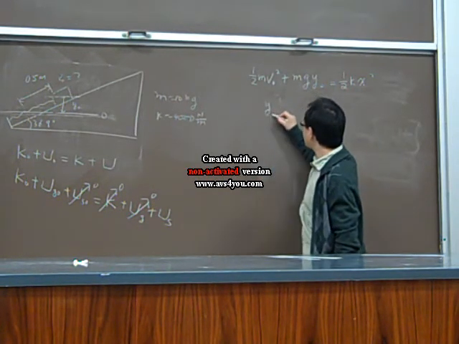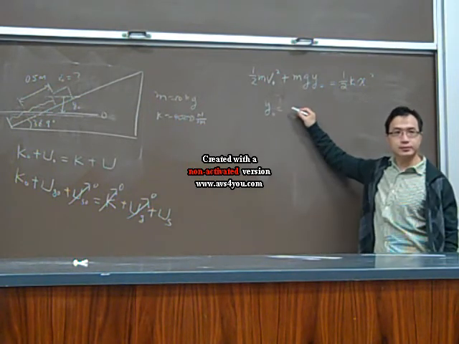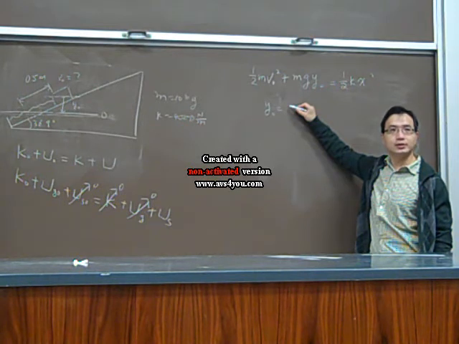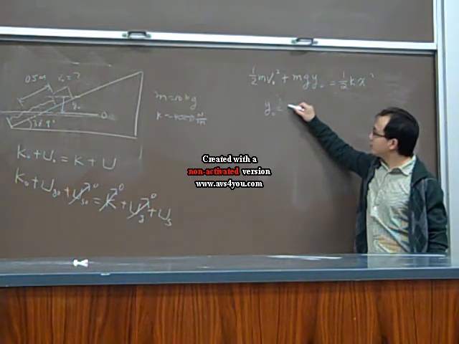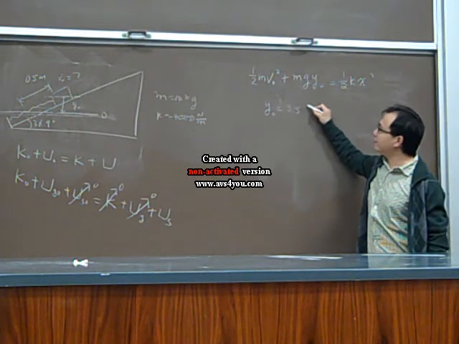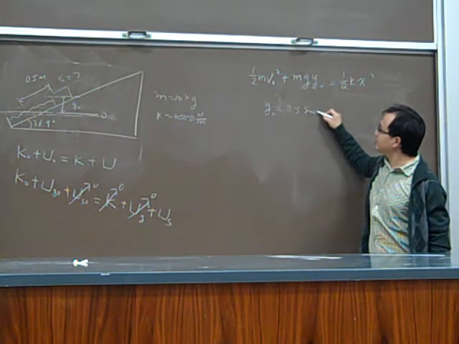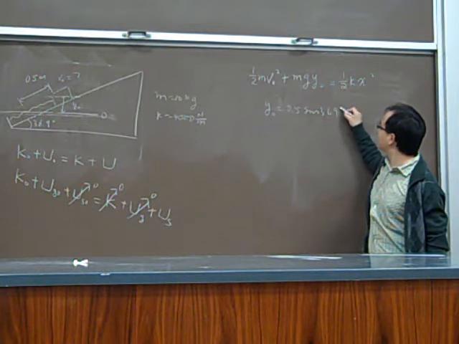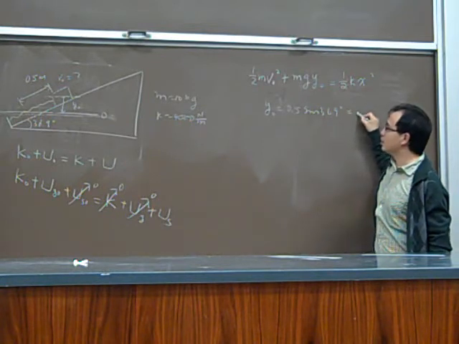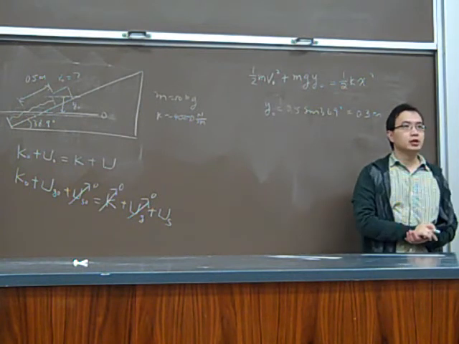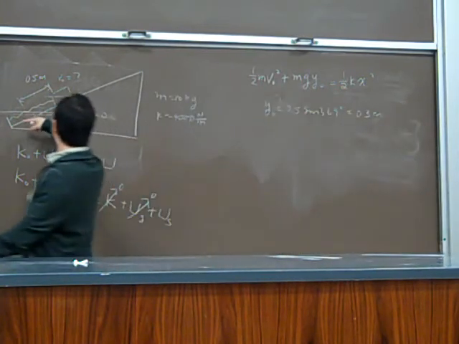So, can you give me the expression for y naught? Or maybe you can already get the number. 0.5 multiplied by sine 36.9 degrees, which is 0.3. That's from the triangle here.